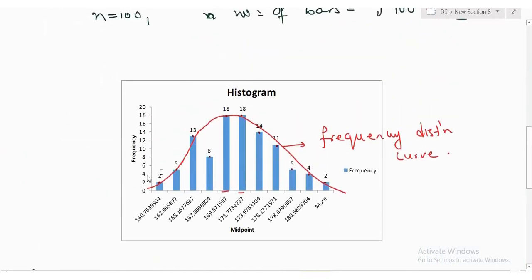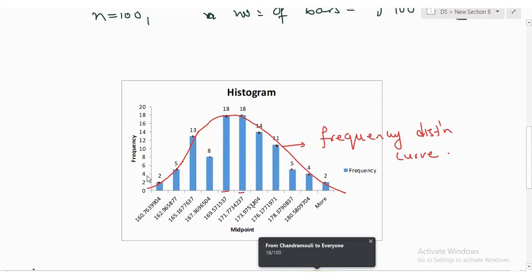Now, I want to calculate the probability. If I pick one person, what is the chance that he is going to fall in this interval? Let me repeat the question. There are 100 people, 100 data points, no?